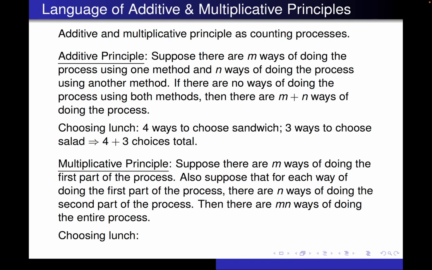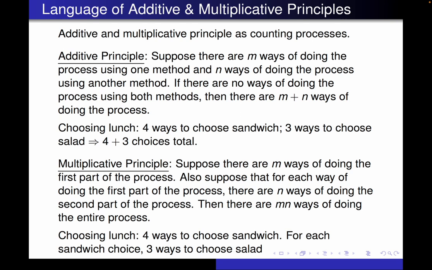So when we were choosing lunch, we were choosing 2 items, so there's a 2-step process. The first step of the process is to choose a sandwich. There are 4 ways to do that. For each way that we can choose a sandwich, there are 3 ways to choose our salad, and that means there are 4 times 3 choices total for pairs of sandwiches and salads.